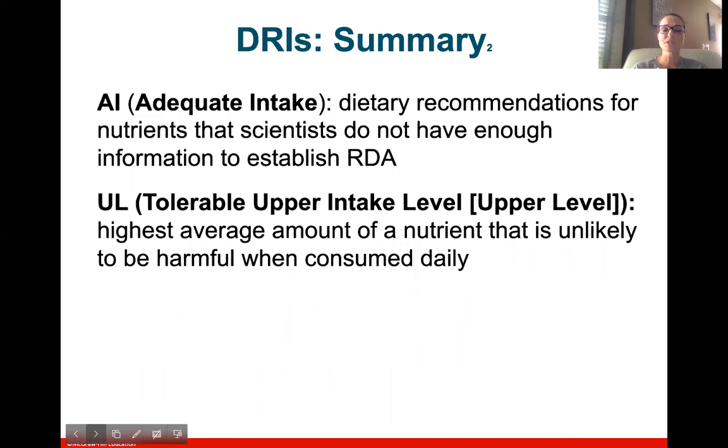Now, there's some nutrients for which we haven't identified a deficiency disease, but we realize that they're an important part of our overall health. And so we have established what we call adequate intakes. This would be the case for potassium, even for sodium. A deficiency disease doesn't develop if we do not consume those.